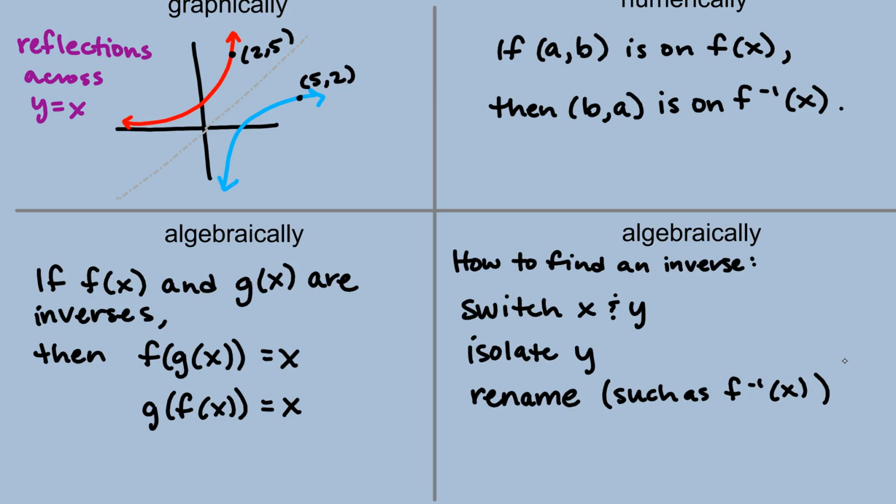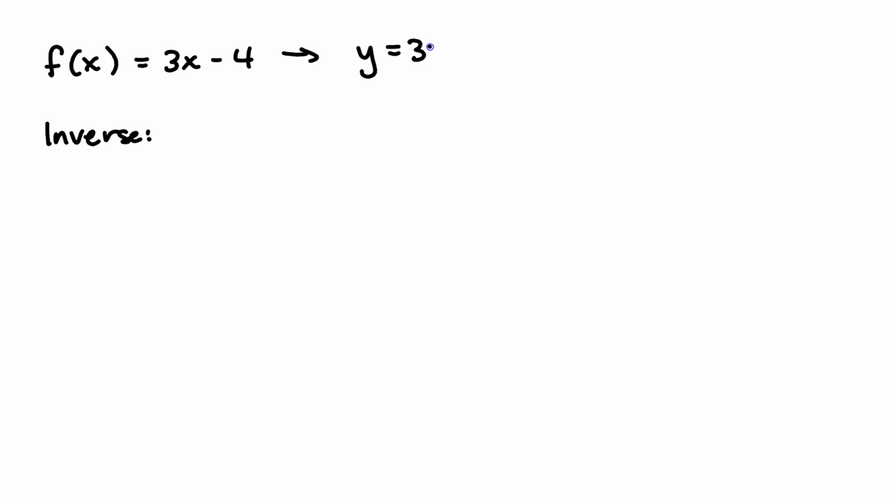So, for example, if you had f of x equals 3x minus 4, and you wanted to find the inverse. First, you could call this y equals 3x minus 4. And then your first step in finding the inverse is to switch x and y. So the inverse is x equals 3y minus 4. But we typically don't leave it like that.